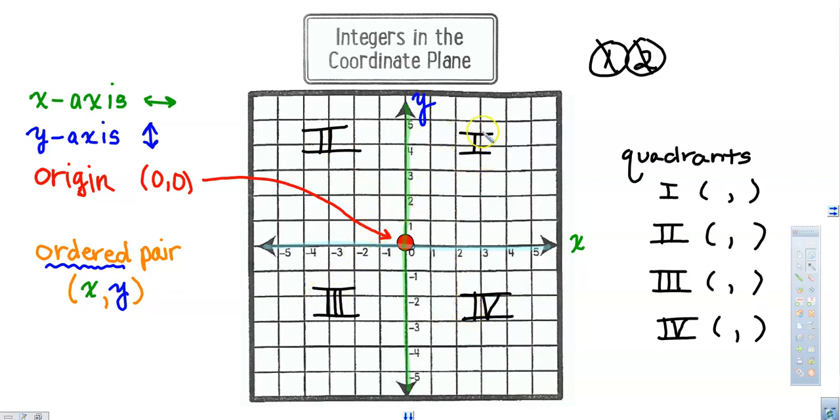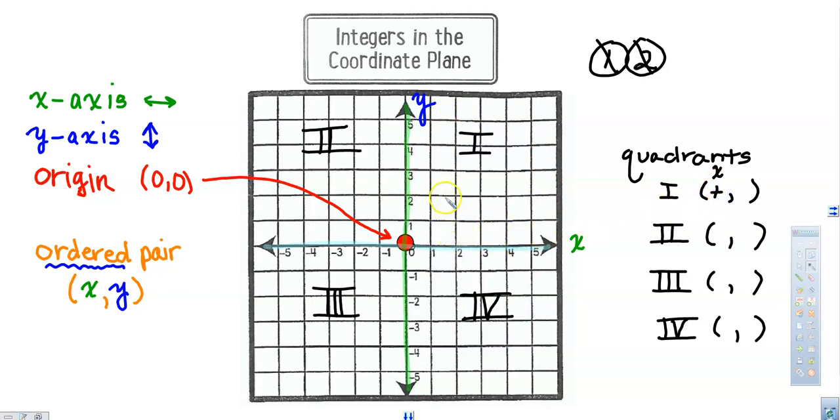We start here in the first quadrant, and we know we're in the first quadrant when we analyze our values for x. So remember, in the ordered pair, the x always comes first. So you're in the first quadrant when your x values are all positive. They're all to the right of 0. So every point that we plot in this quadrant will have a positive x value.